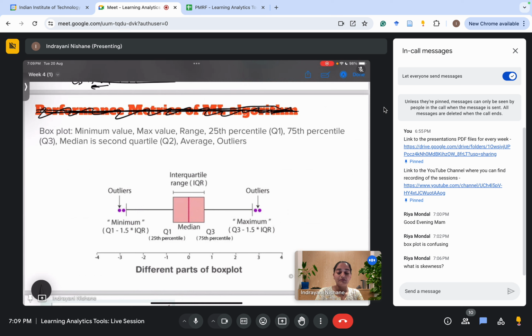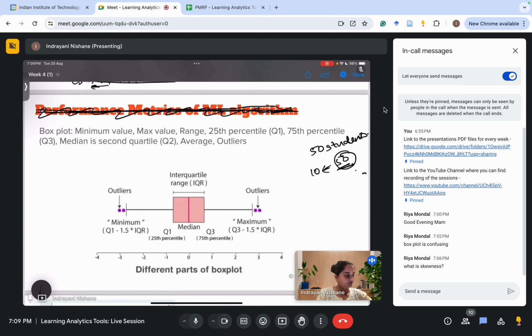Then what is the median? Median is the number which occurs the most number of times. For example, out of 50 students, 10 students scored 50 marks. So that means 50 would be the median, because 10 students have scored 50. The associated marks value is 50.